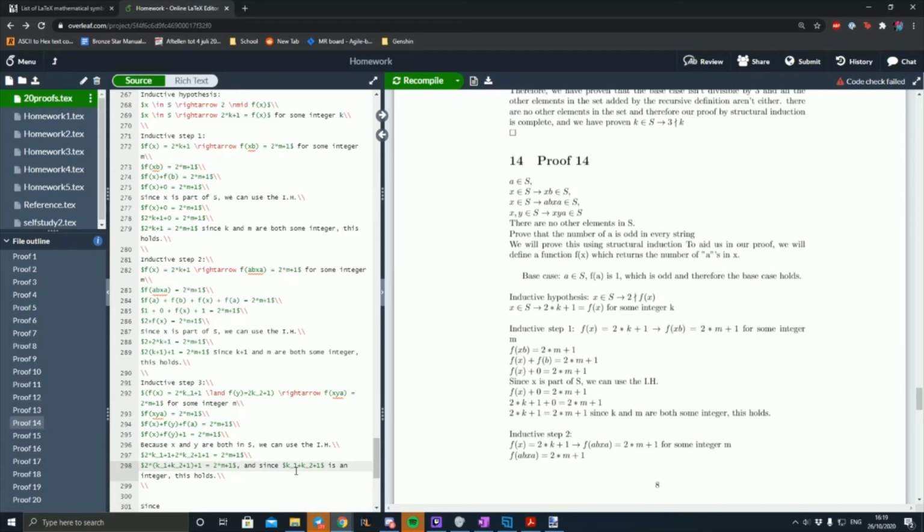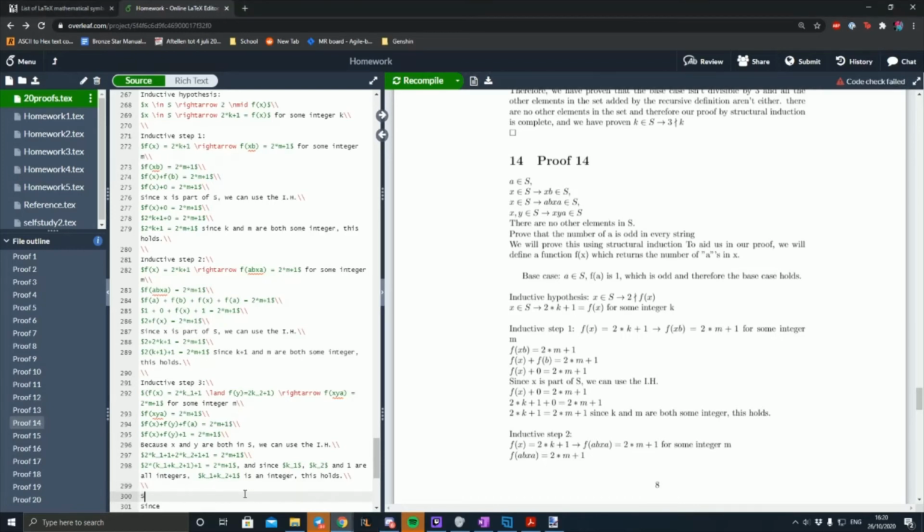Since k1, k2 and 1 are all integers, this thing is an integer and this holds. So this is the same as saying h is equal to k1 plus k2 plus 1, since m is an integer, whatever. I'm just taking out the middleman here, but it should still be understandable.